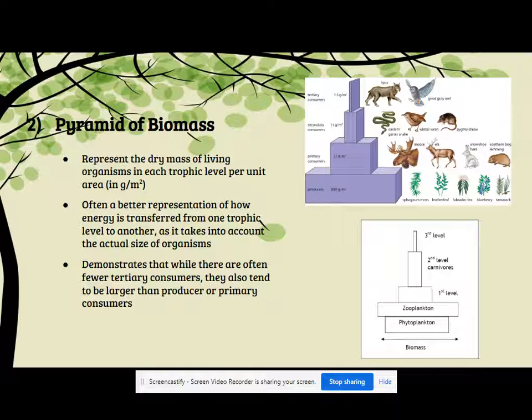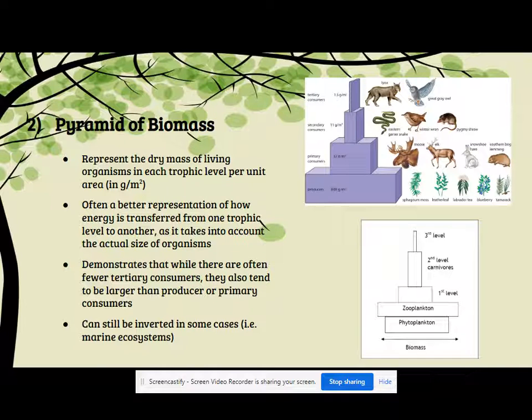There's also very few top-level predators, and even though they're larger in size, their weight is always smaller. So biomass is how heavy all of the organisms would be if you were to add them up.